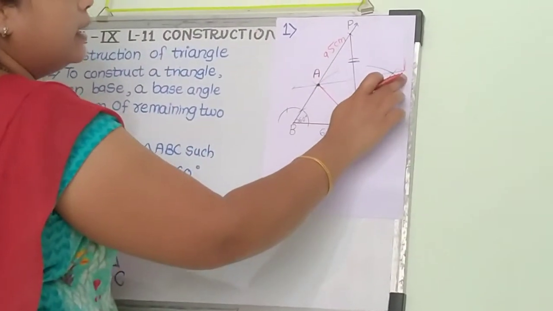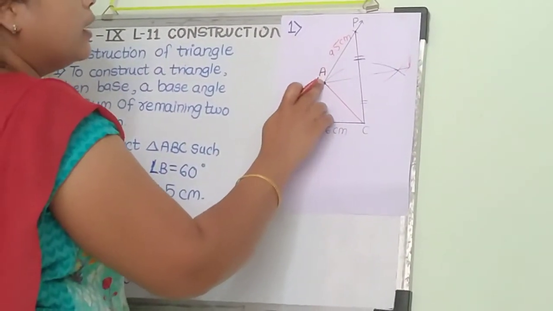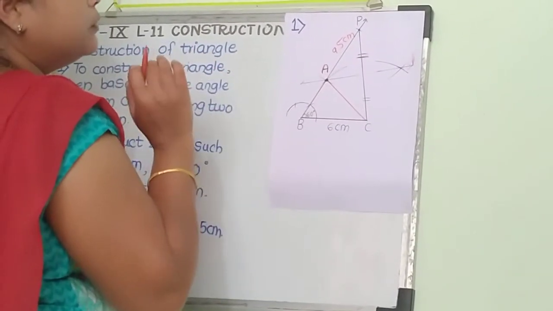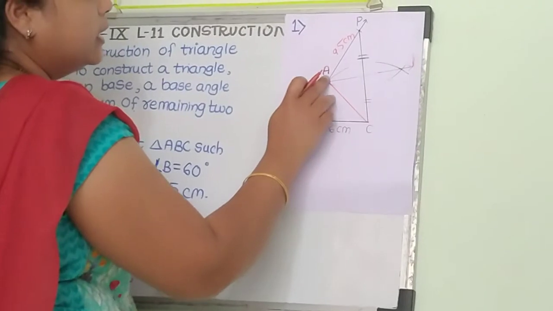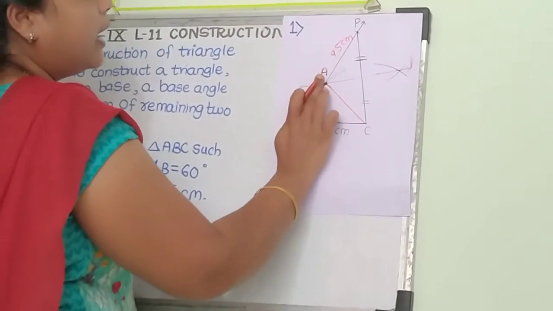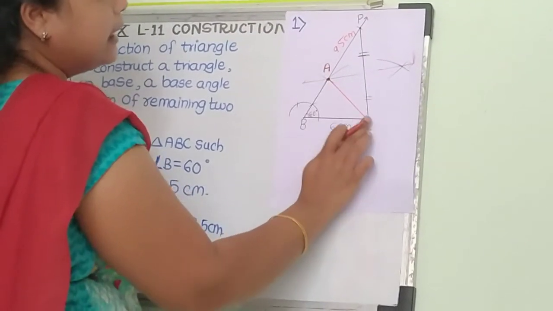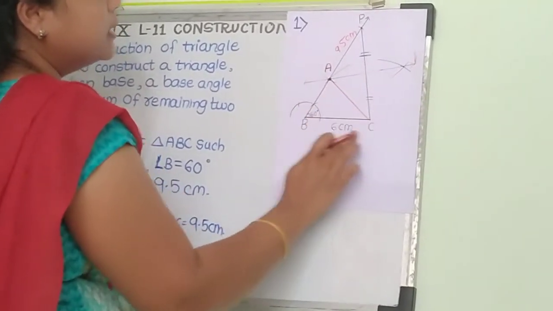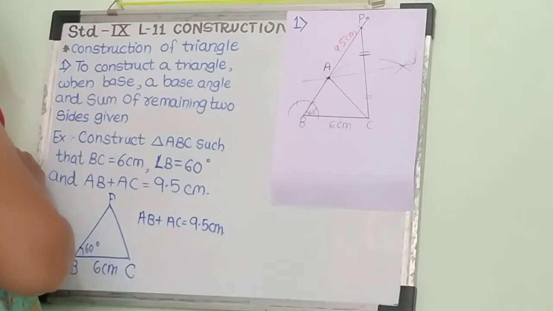This line L meets BP at the third vertex of the triangle, that is A, and we join AC. So we get ABC is the required triangle.